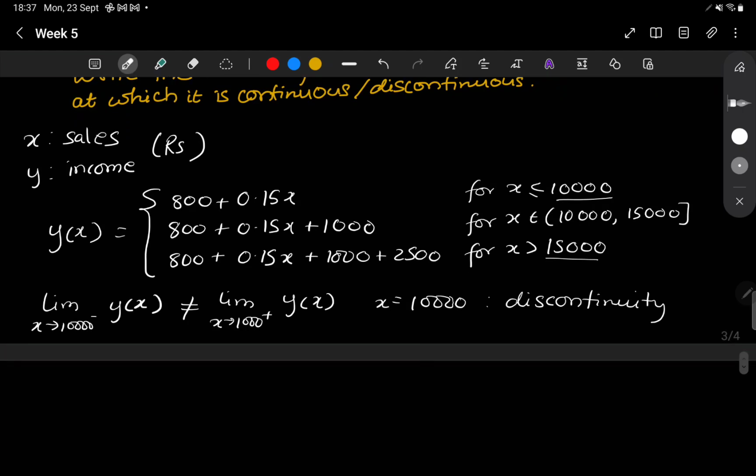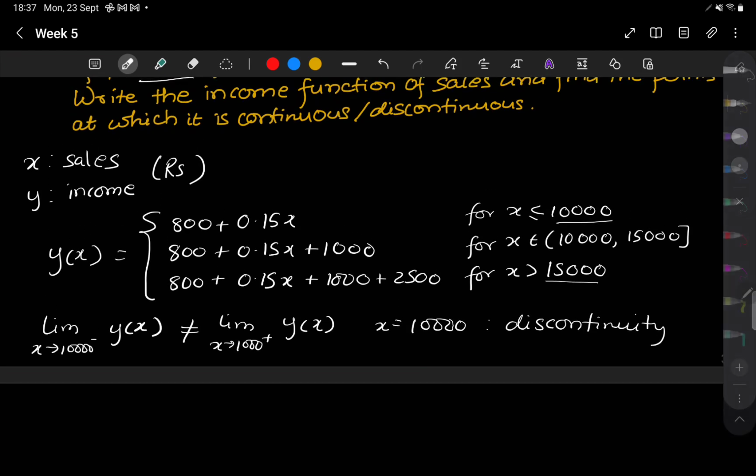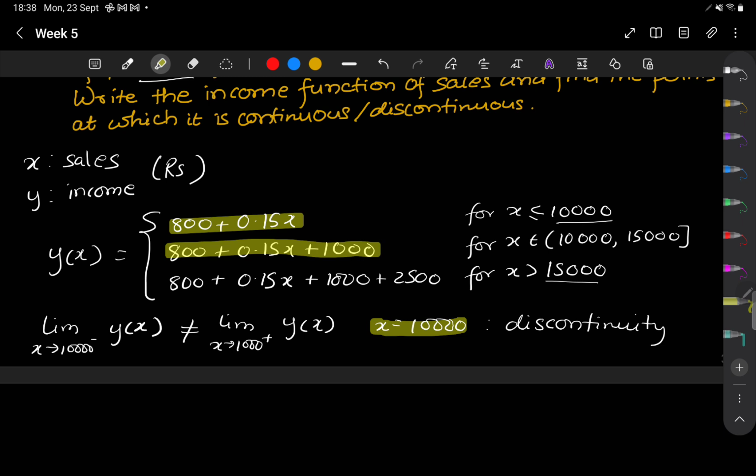And why so? Because you see that at 10,000, from the left hand side you have this particular function, and from the right hand side you have this particular function, and there is this extra jump of 1000. So that is causing the discontinuity.